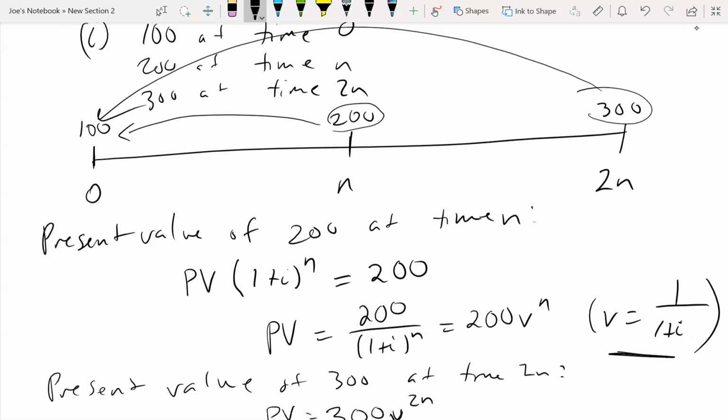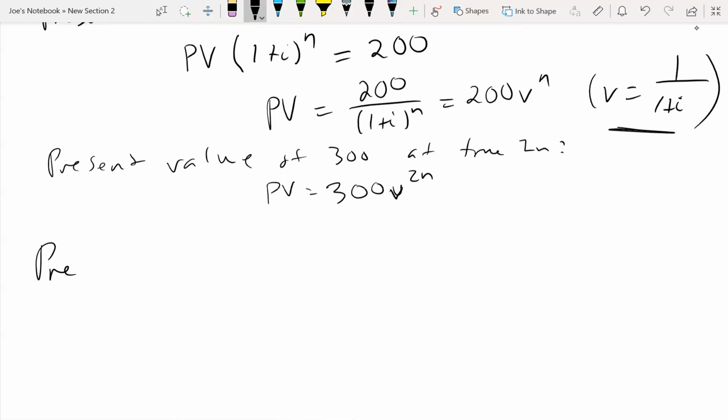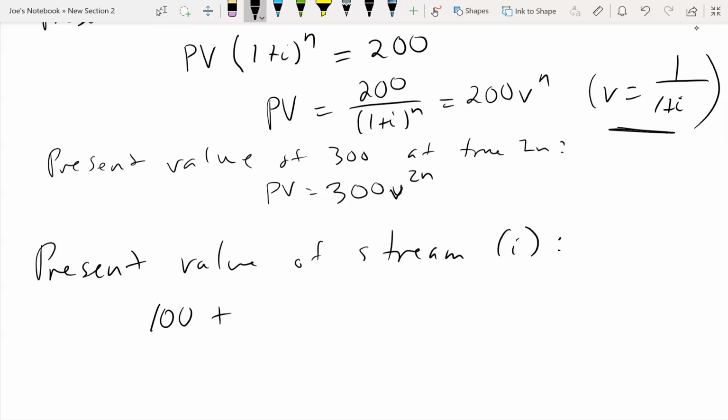So the present value of this stream, and I'll call it stream 1 because that was the number given in the problem, will be 100 plus 200 v to the n plus 300 v to the 2n.